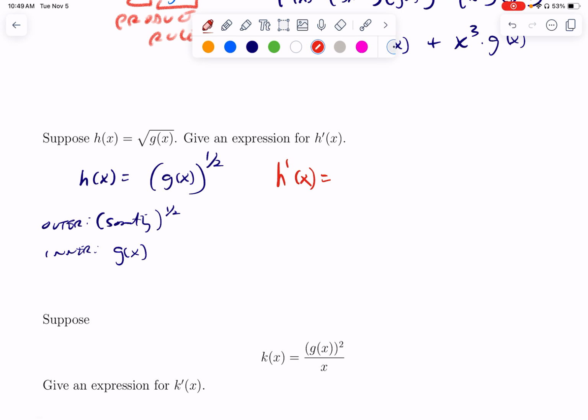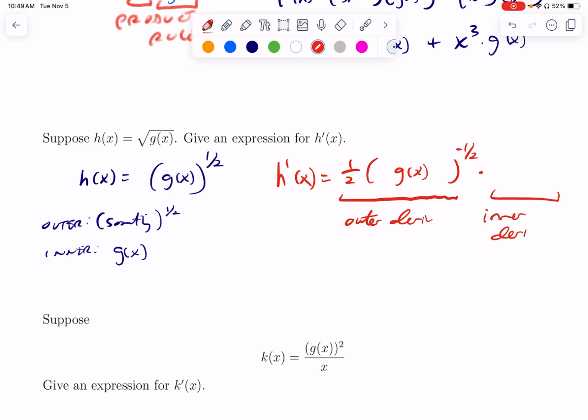So my outer function is something to the 1/2 power. My outer derivative is 1/2 times something to the negative 1/2 power, where that something is g of x. This is my outer derivative. And then my inner function is simply called g of x.